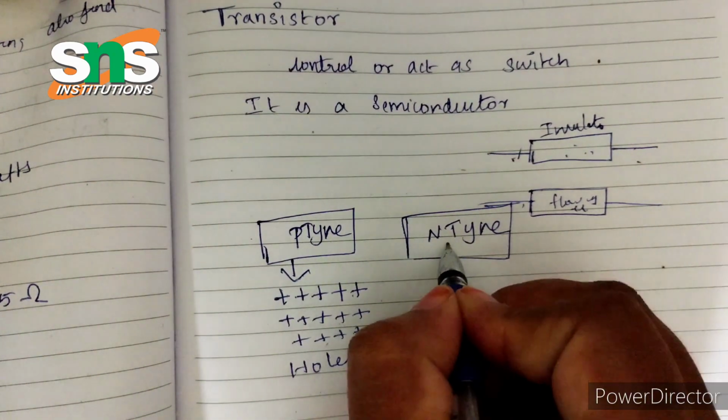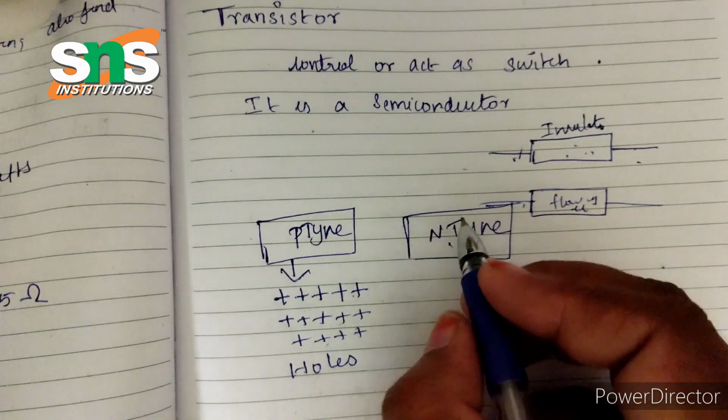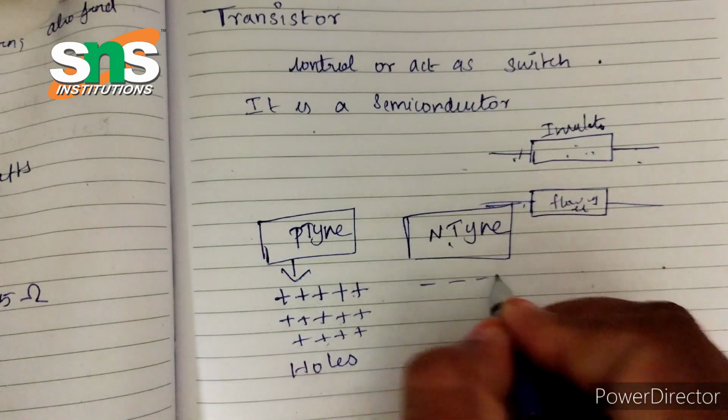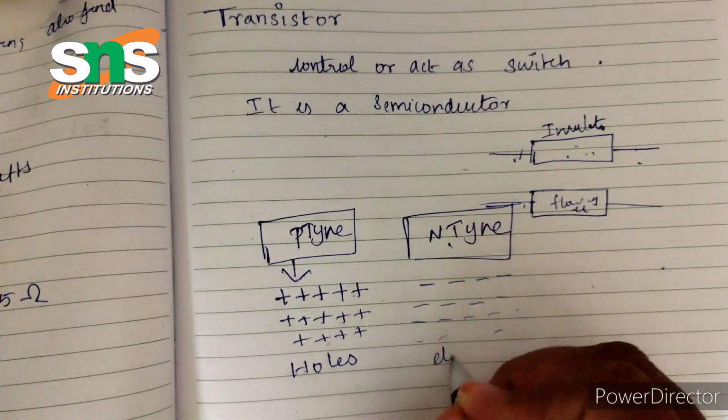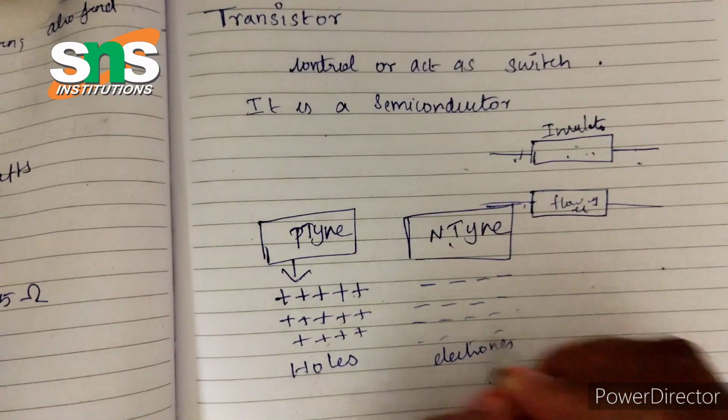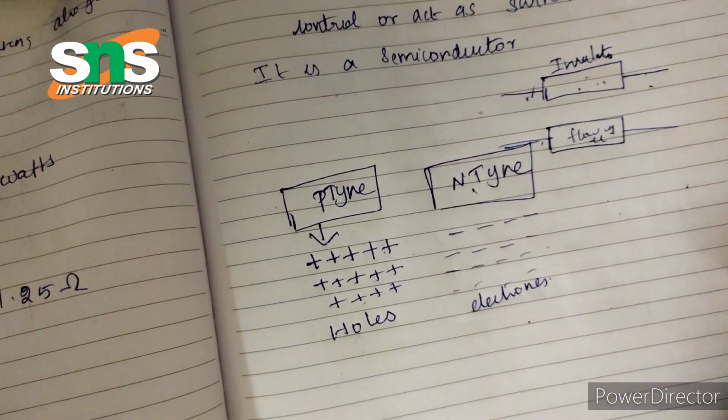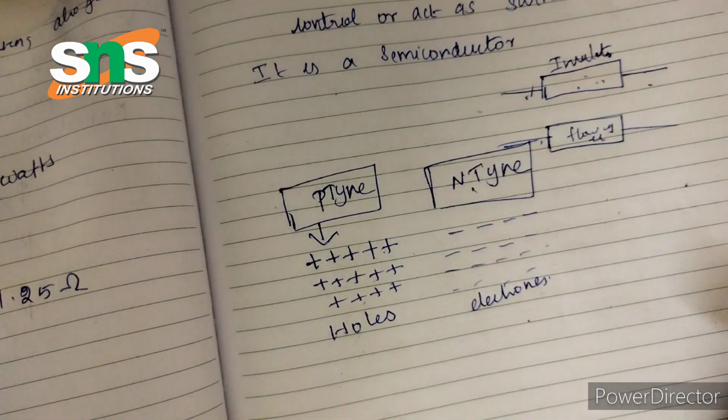In the case of n type, the semiconductor is denoted as minus, and it is full of electrons. Mostly we use the n type semiconductor, because it is full of electrons.